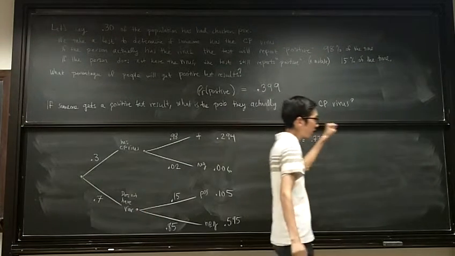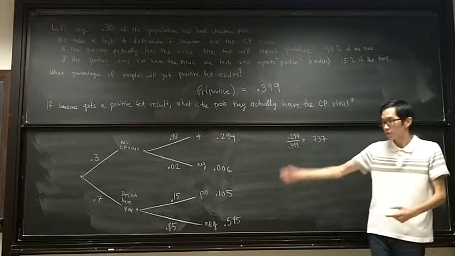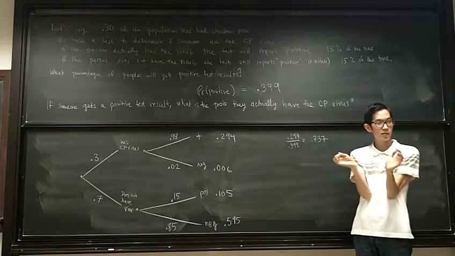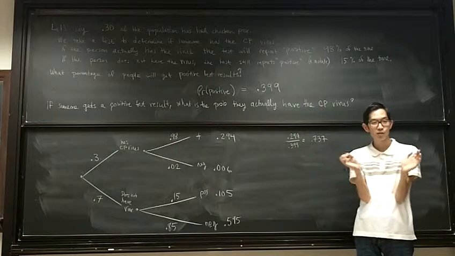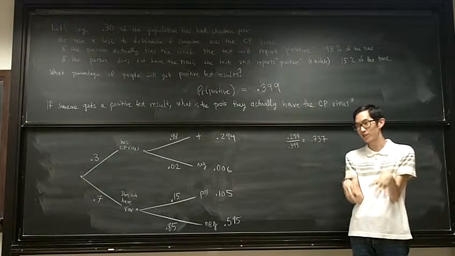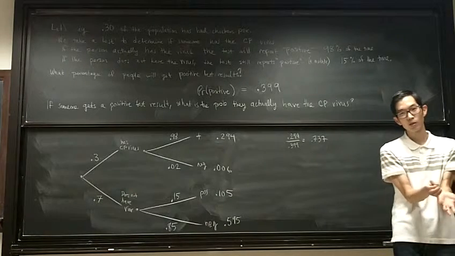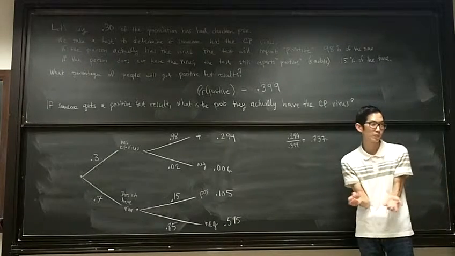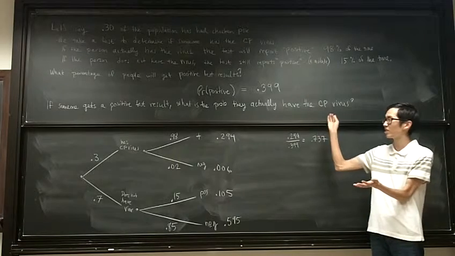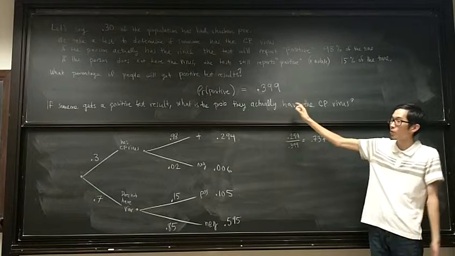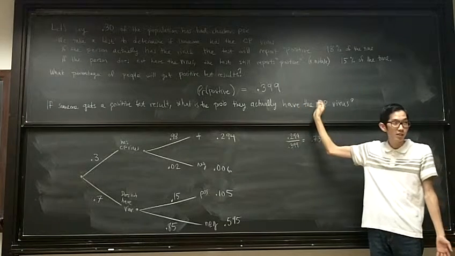So this is saying, okay, you get the test results back. The test result says positive. Okay? The test result says you have the chickenpox virus. But does that actually mean you carry the virus? No. This test is a junky test, right? It makes mistakes for those who don't have the virus 15% of the time.